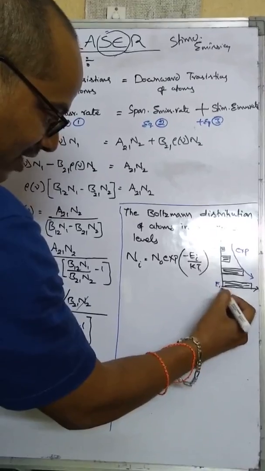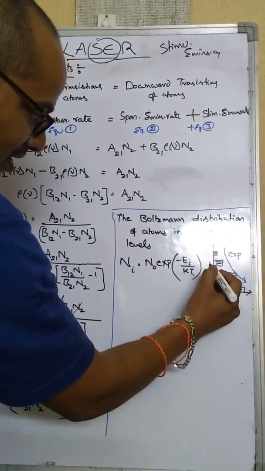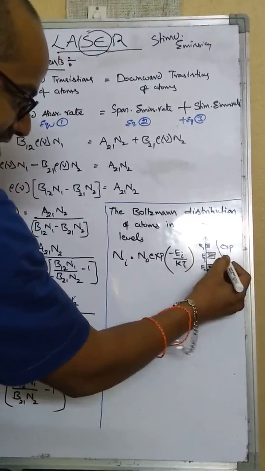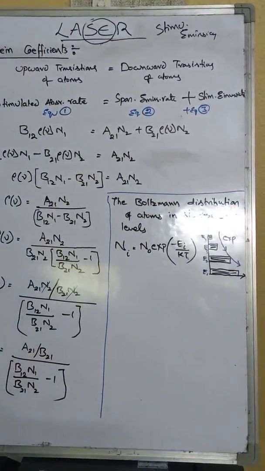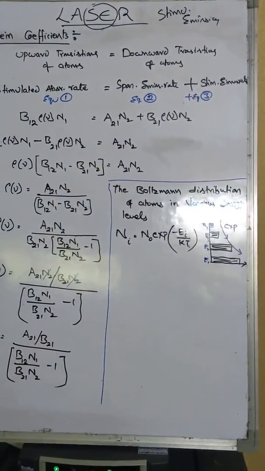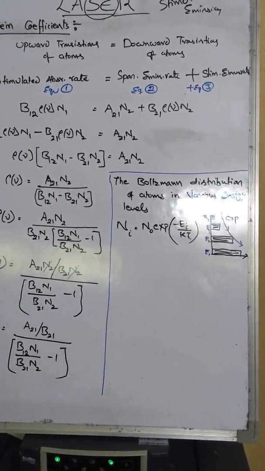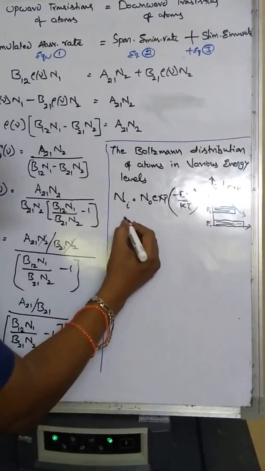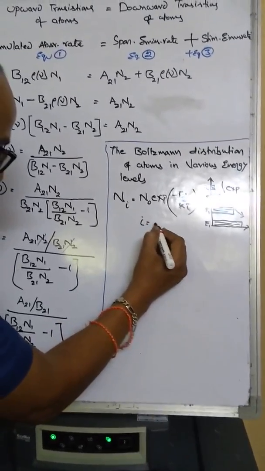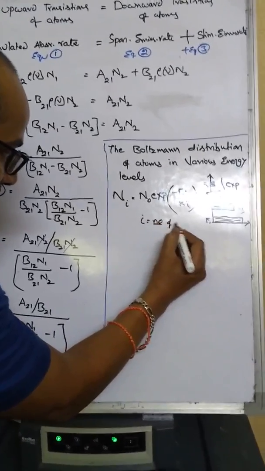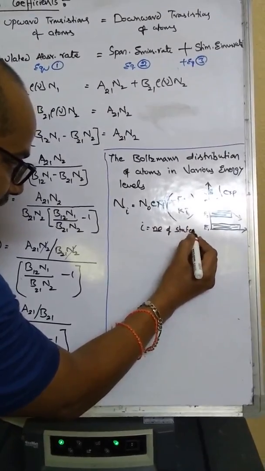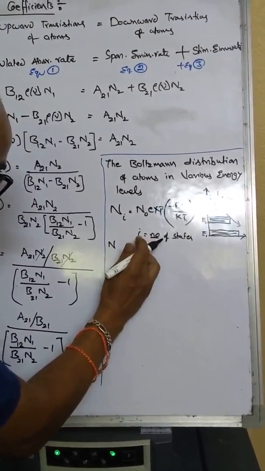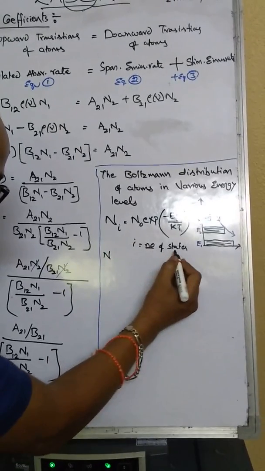This is exponentially decreasing as the energy is increasing. This is the E1 level, this is the E2 level, this is the E3 level, and this is the E4 level. As energy is increasing, the number of atoms is gradually decreasing, that is, exponentially decreasing. Where i is the number of states, i is equal to 1, 2, 3, 4 and so on.